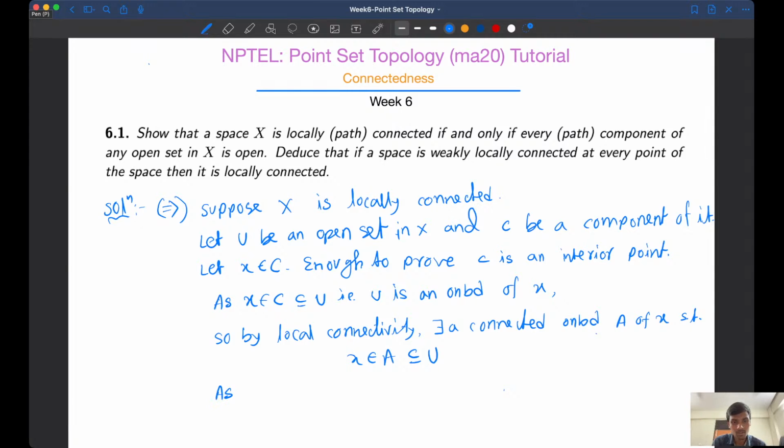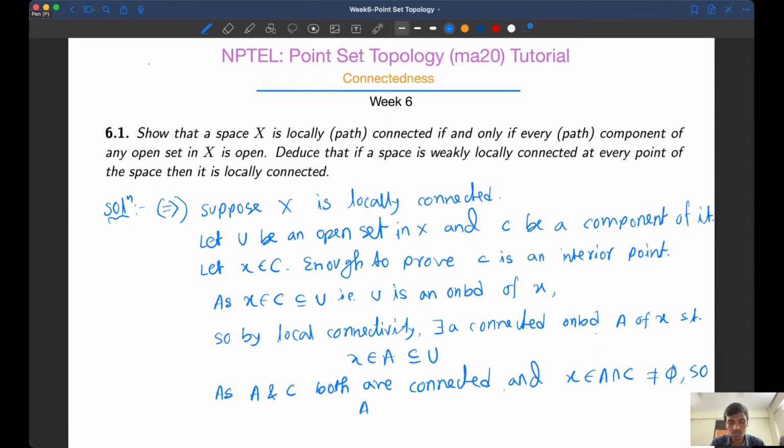As A and C are both connected, C because I took it as a component, and their intersection is not empty, namely x belongs to A as well as C, their union is also connected.